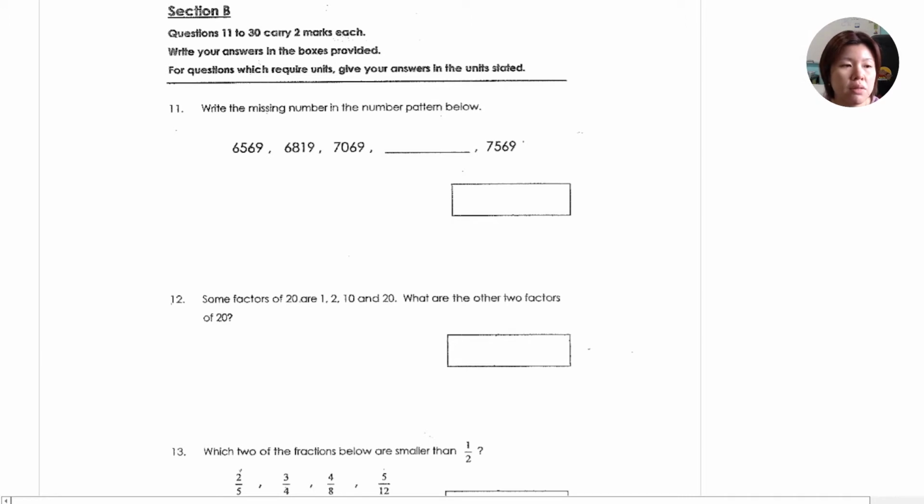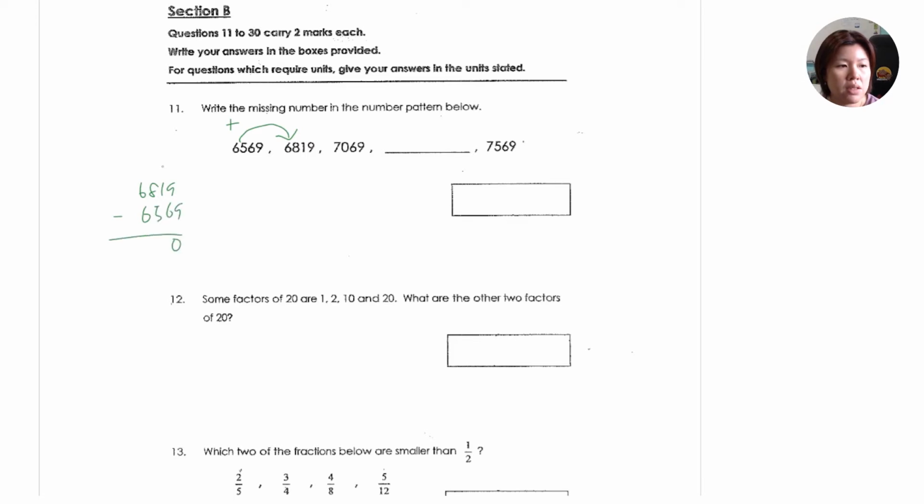Section B now is asking for number pattern. So we ask from here to here, how much do we add? So we take 6859 minus, is plus 250.